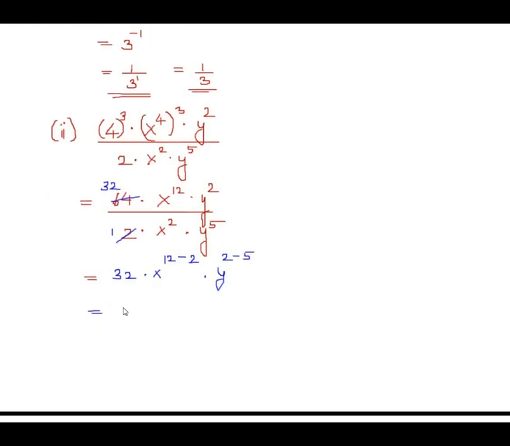Now this ends as 32 times x to the power of 12 minus 3, which is 9... wait, as written: 12 minus 2 is 10, times y to the power of negative 3, which can further be written as 32 x to the power of 10 over y to the power of 3, y cubed. As you can see, the negative power has become a positive power. So this is the solution and the simplest way of solving this example.